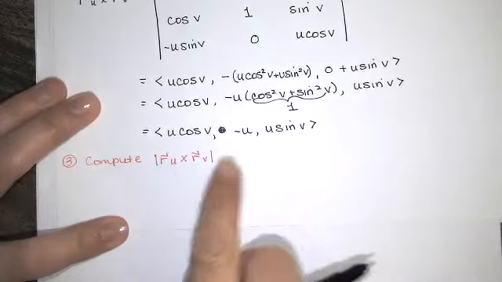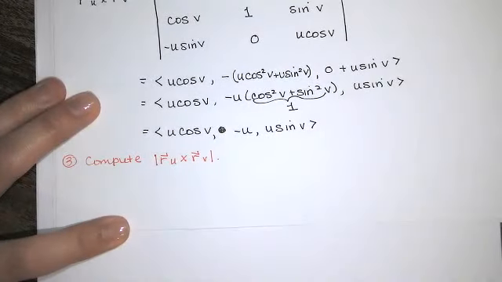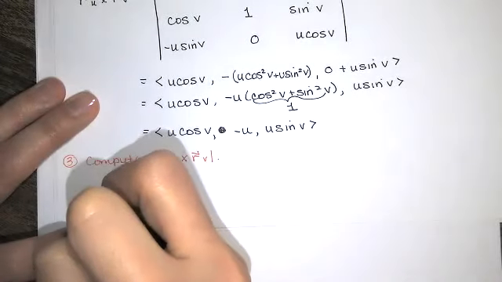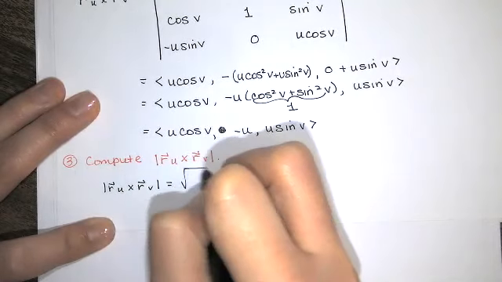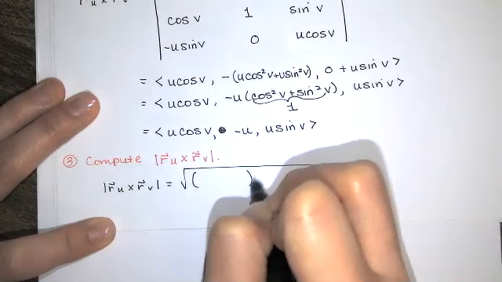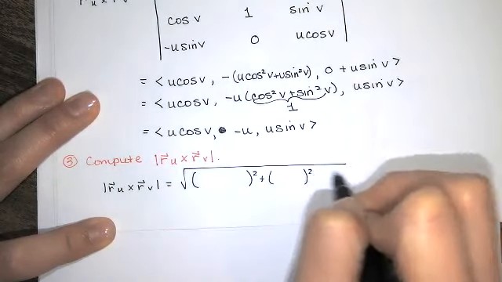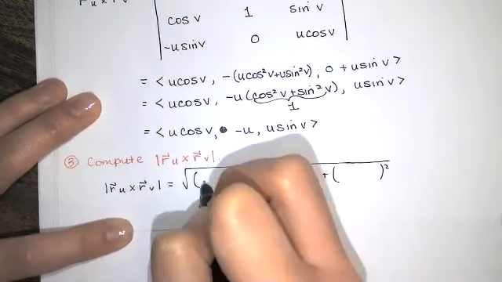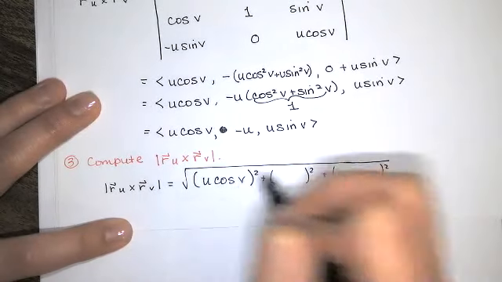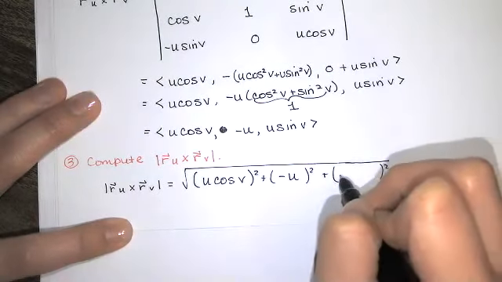So now we want to compute the magnitude of that vector. So we take the components, we square them, add them, and take the square root. So I'm substituting in my x value, my y value, and my z value.